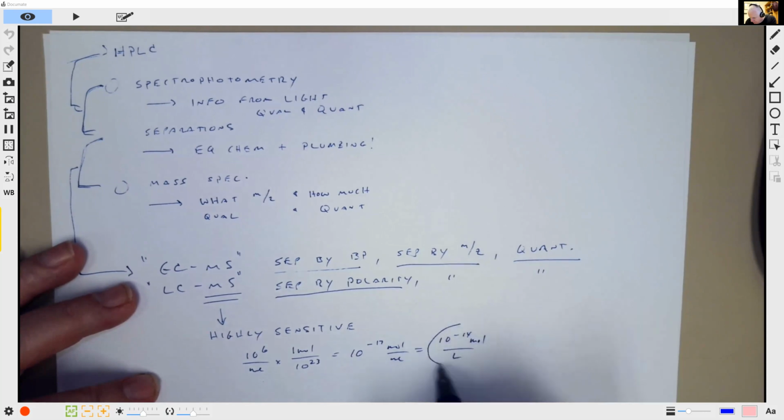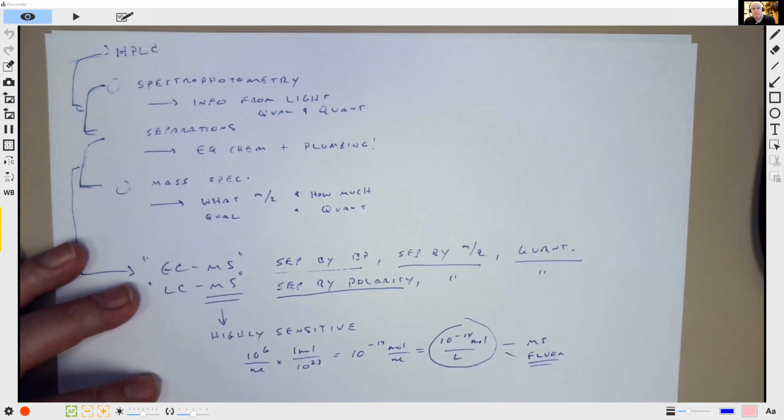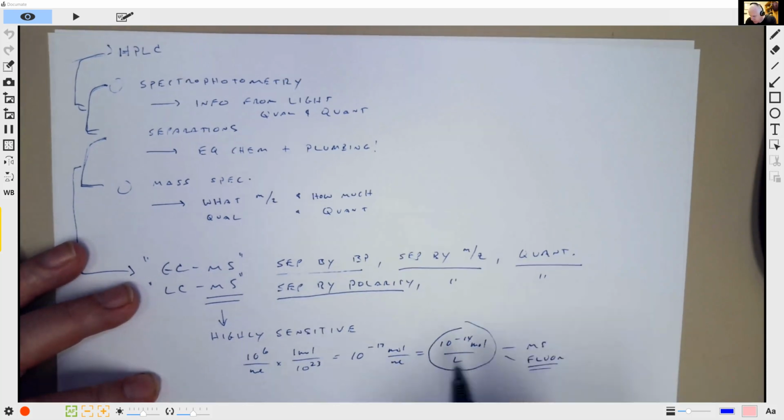So this is pretty low, but I'm saying you could detect this by MS, and you could certainly detect it by fluorescence. But by fluorescence, you'll need a laser source, and you'll need things to be a little bit optimized. But you could probably do this by mass spectrometry.